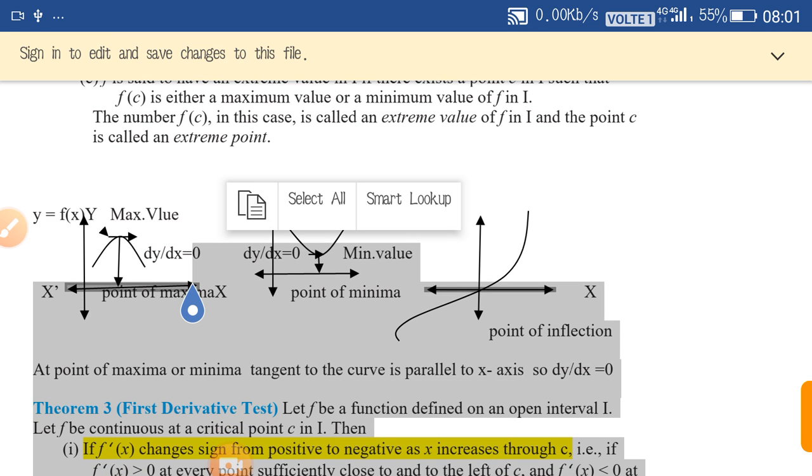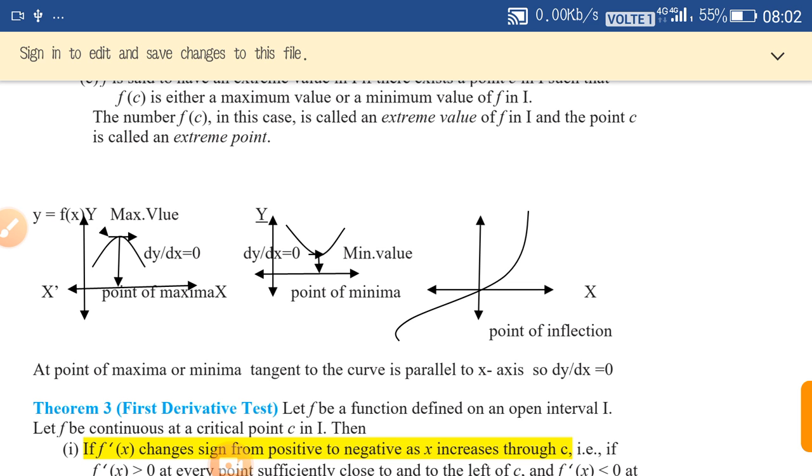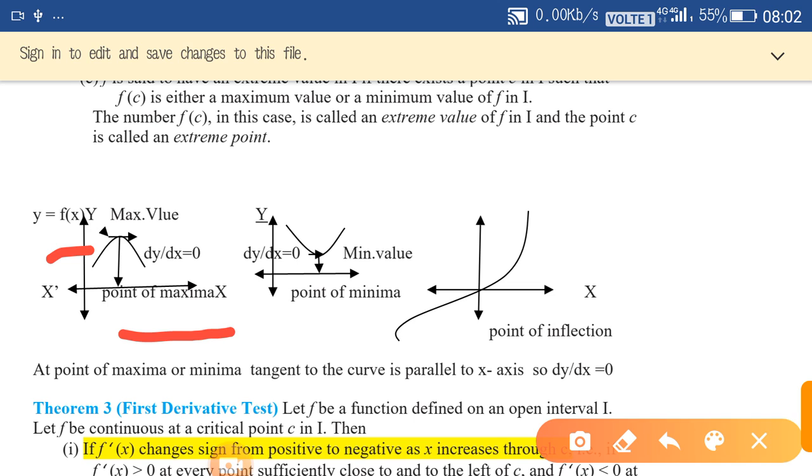Here we have some graphs. This is the graph y is equal to f(x), and x has values here.